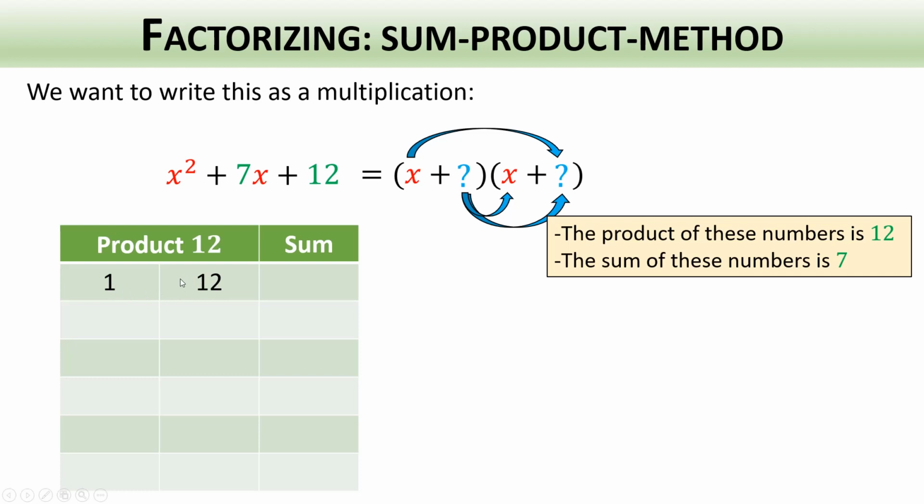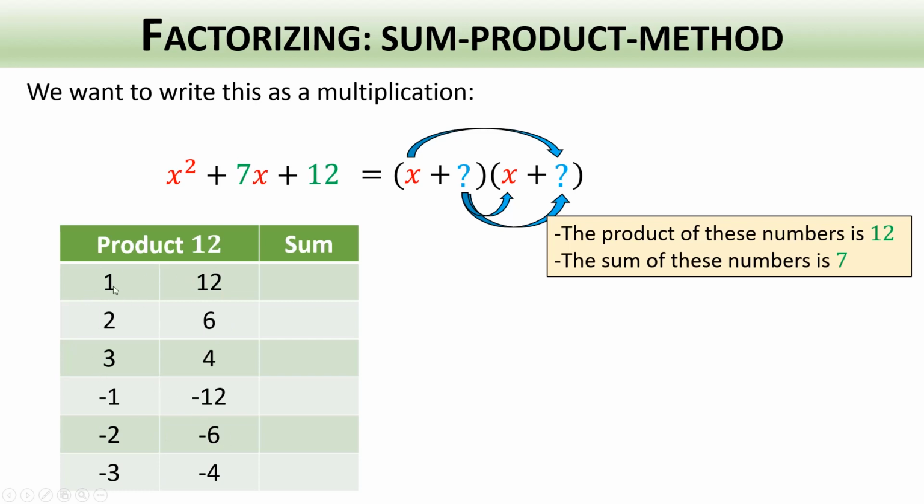So 1 and 12 may be an option. 2 and 6 also gets us 12. And 3 and 4 gets us 12. And for completeness' sake, we could have negative numbers. So we could have minus 1 times minus 12, or minus 2 times minus 6, or minus 3 times minus 4. These are all the options with whole numbers.